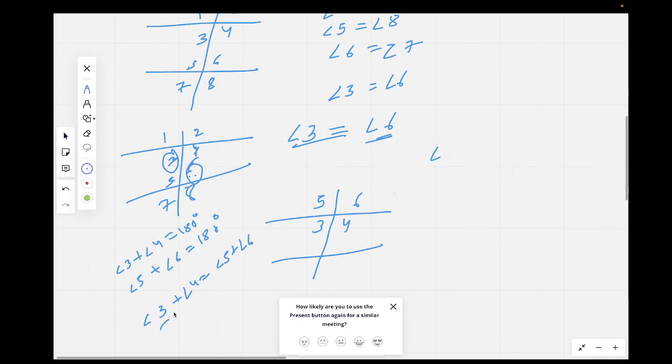And 3 equal to 6 will be cancelled. So angle 4 is equal to angle 5. So this can be proved. We will see how these different proofs which we are deriving from axioms will build up to other complex proofs and theorems in subsequent lectures.